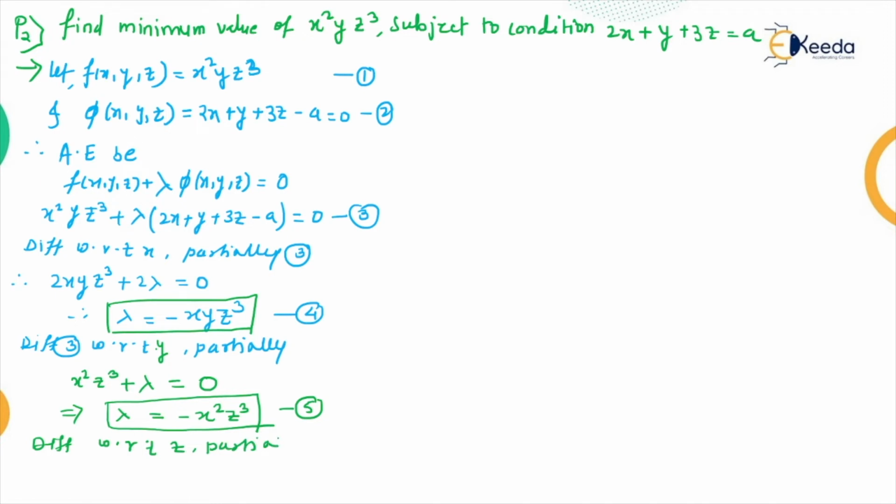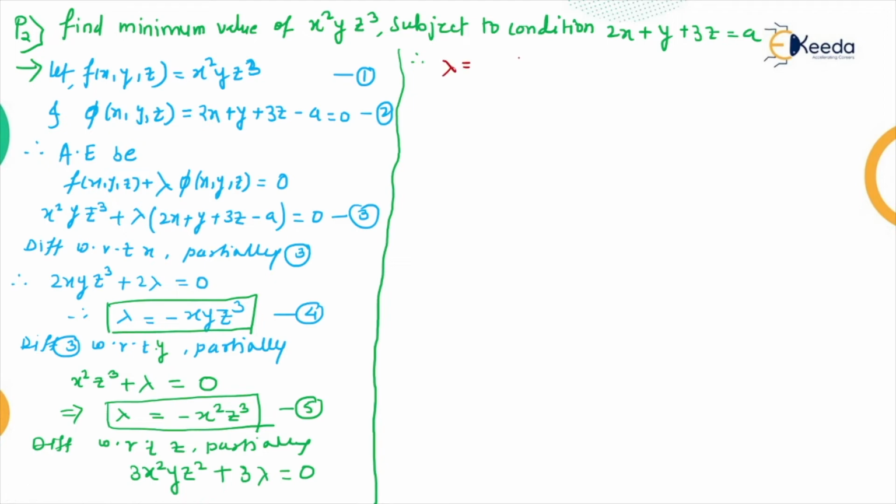We get x squared y, which is constant, times the derivative of z cubed, 3z squared, plus 3 lambda equals 0. Eliminating lambda, lambda equals minus x squared y z squared. We call this equation number 6.